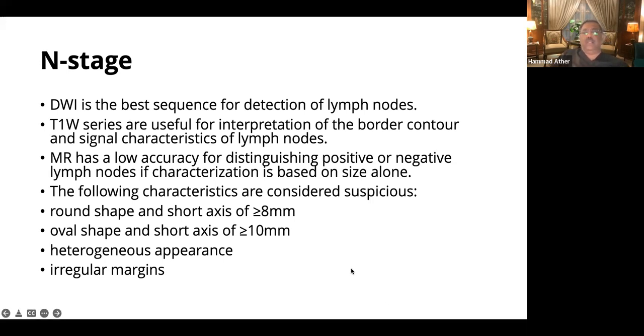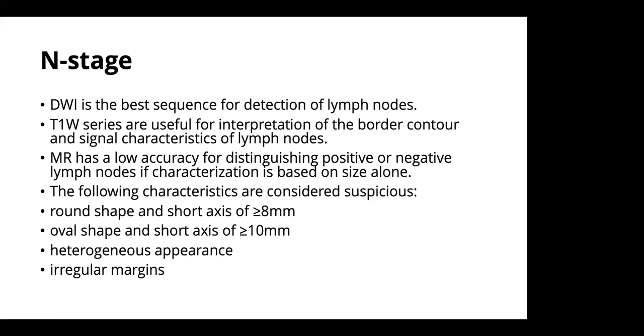So any other points, Basit, about the nodal disease? Yeah, absolutely. I totally agree. Sometimes ADC mapping, as a complement to the diffusion, is suggestive, but we need to consider the limitation of MRI for accurately defining lymph nodal involvement, especially when it comes to size.